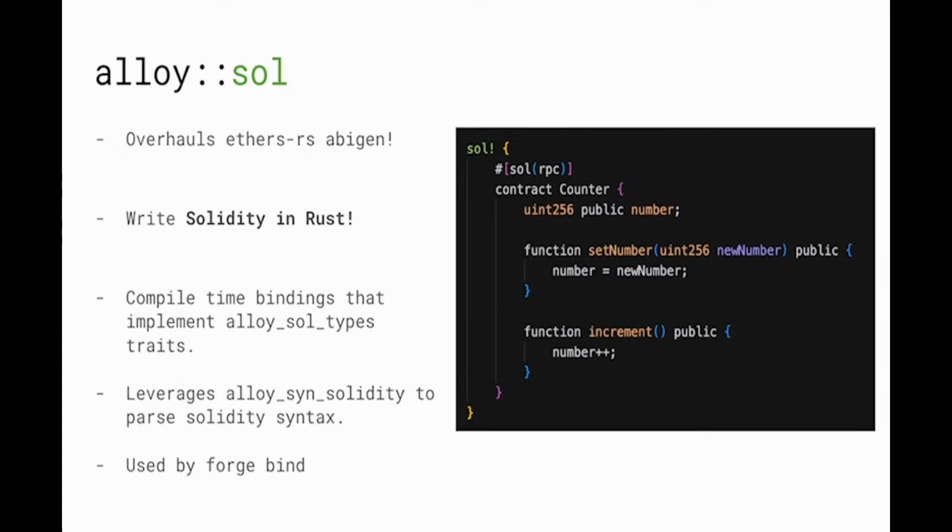How we accomplish this is essentially because of the Alloy sol-types, compile-time bindings, and the SolType traits. We also use the natively written syn-solidity parser, which is part of the Alloy code. And it's currently used by forge bind. Tim presented in the Foundry presentation that you can use the Alloy flag to generate Rust bindings for Alloy.